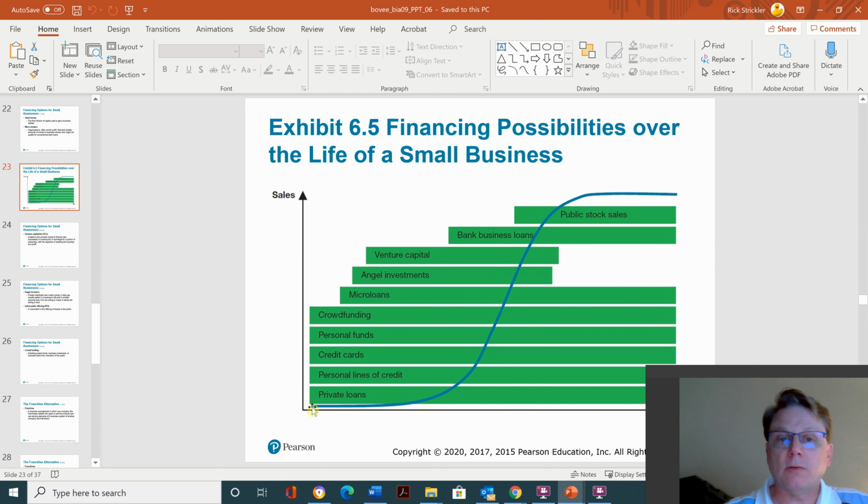So you have private loans, personal lines of credit, credit cards, personal funds. These are all things that you come up with on your own that you could lose if the business goes under. All your own personal financing and personal assets. Then crowdfunding, microloans, angel investors, venture capital, business loans, and public stock once the business is well on its way to being successful.